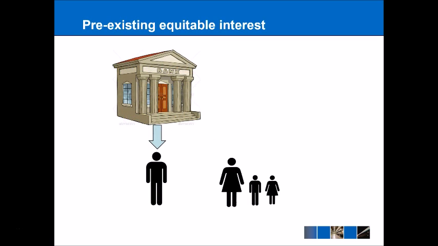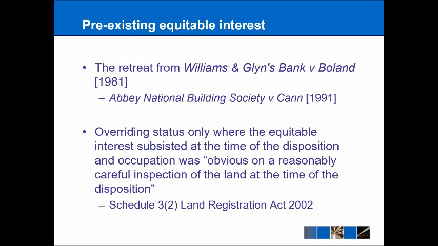And this is where the bank has a mortgage charge over a property. We have the gentleman there who has a legal interest in the property, but it may well be that his wife and also potentially his children have an equitable interest in the property. And the problem with that in the past was that this equitable interest of the wife and the children would be able to override the bank's interest in the property.